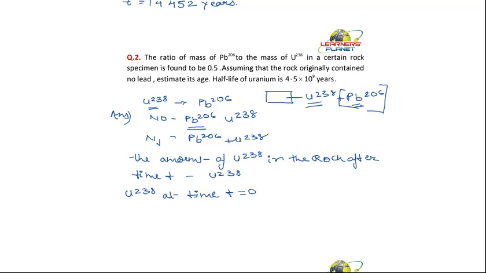Now students, whatever lead is there in the rock has come from U-238 only. U-238 only has disintegrated and formed Pb-206.